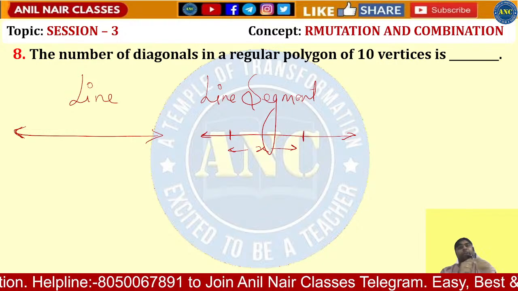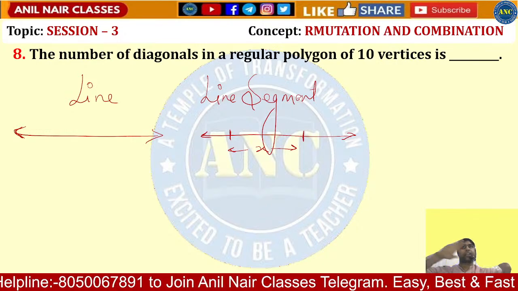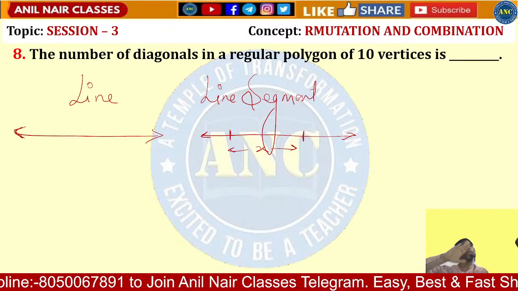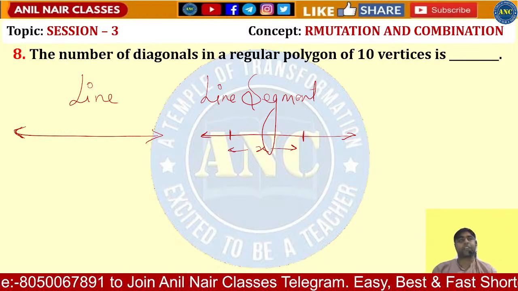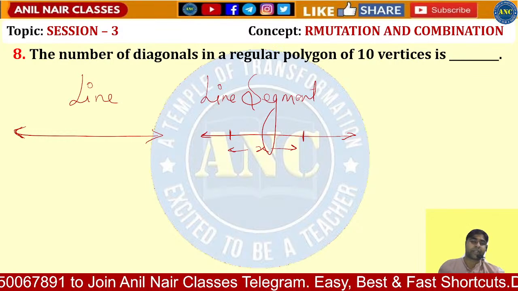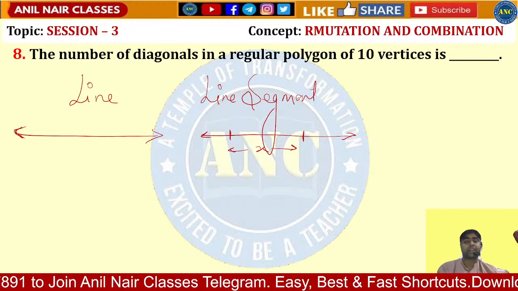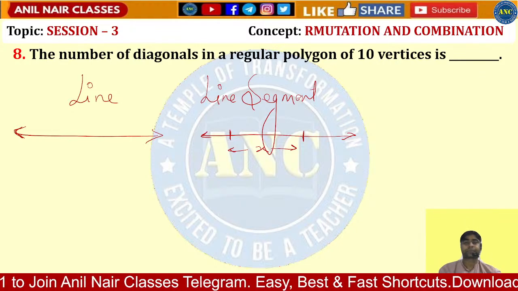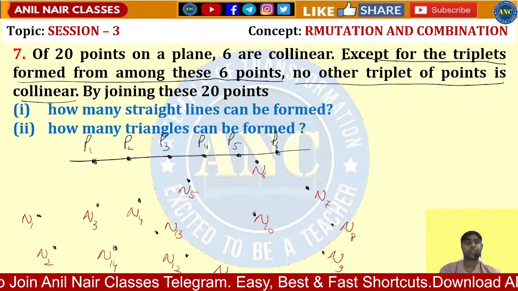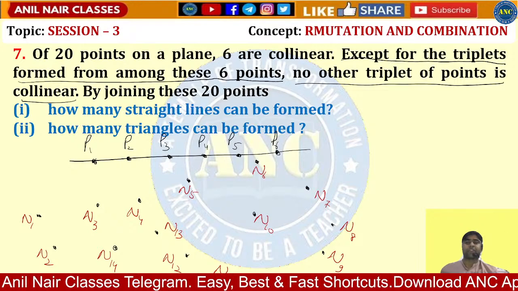Line comes from infinity and goes to infinity. And from that, if you take a particular portion, that is called a line segment. So line segment has a definite length. So how many lines can be formed? How many straight lines can be formed?